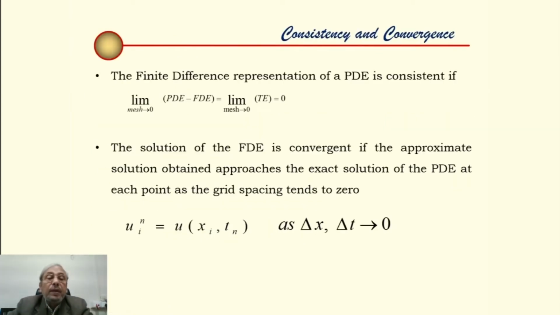Now also we have to see that the finite difference representation of a partial differential equation is consistent if, as the limit mesh tends to 0, the partial differential equation minus the finite difference equivalent equals, within bracket, truncation error equal to 0.